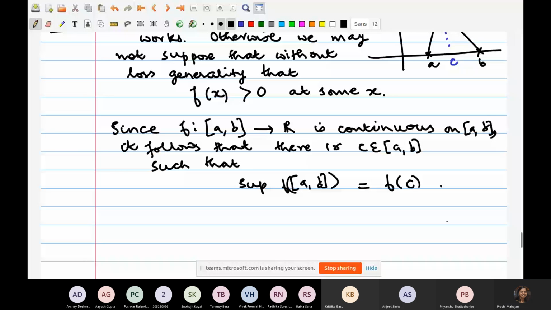Please go ahead. No, ma'am, it can't be an endpoint. Why is that? You're right. Why is that? Because it will not be differentiable then. So then what happens? We can still consider it, anyway. But where does differentiability come into the picture here?